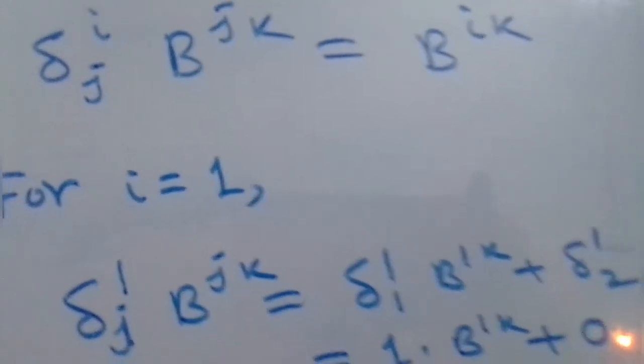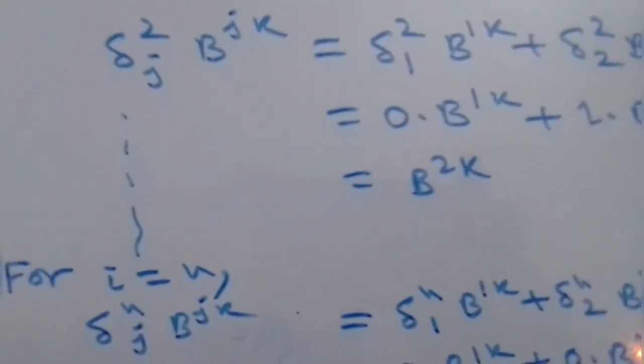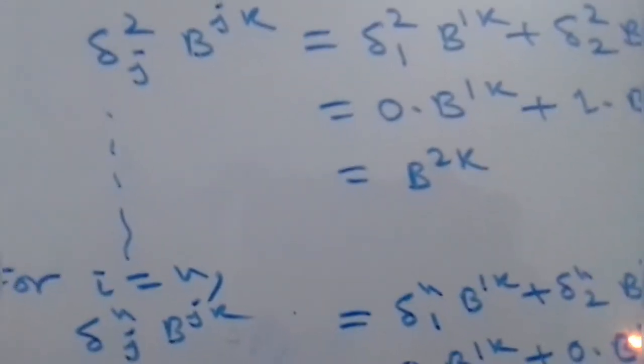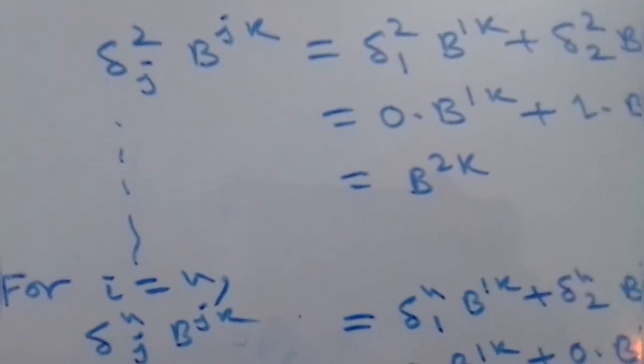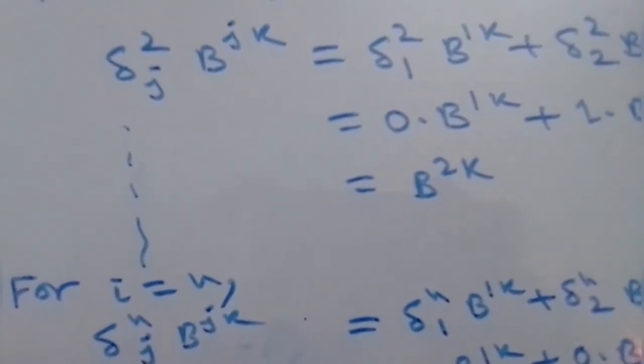Here we are proving by the induction method that if this result is valid for i equal to n, then easily you can write that this result also holds for i equal to n plus 1.